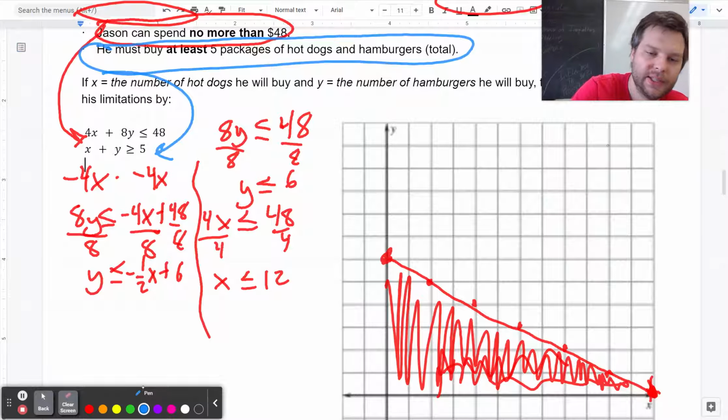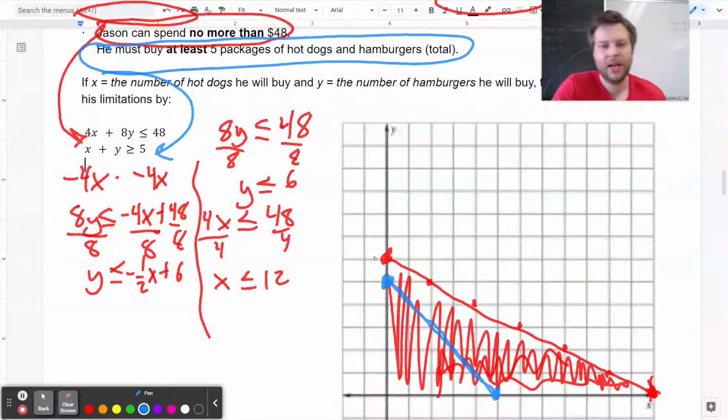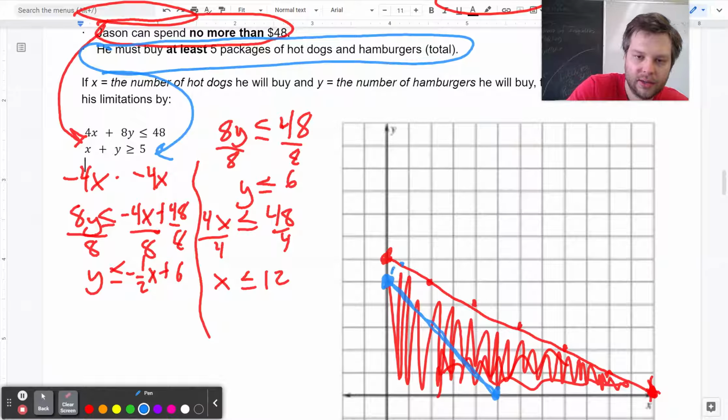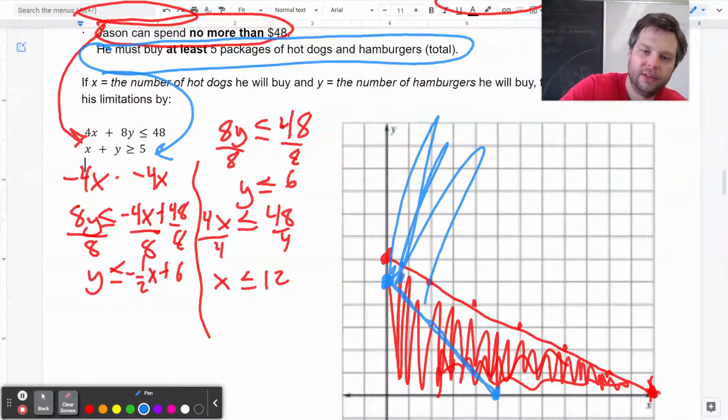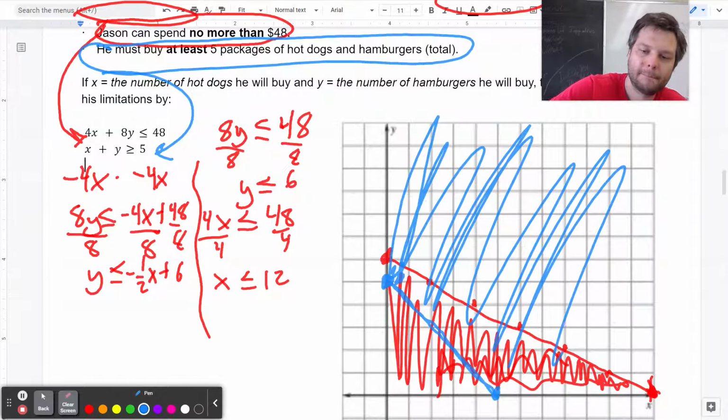The blue line is even easier. All I need to connect is y equals 5 to x equals 5, because all of the points along this line are combinations of 5 hot dogs or hamburgers. And I need to buy at least 5, so I'm going to shade above the line here, leaving me with all of this region as blue.